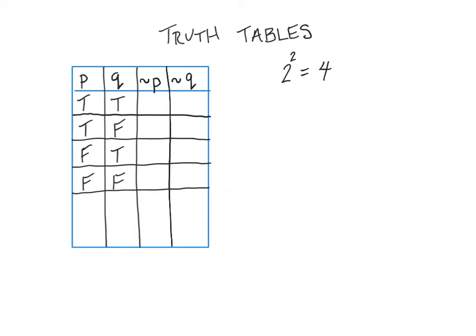So if I'm filling in my not P column, I'm simply going to look at my P column and do the exact opposite. So not P for the first scenario would be false. Not P for the second scenario would also be false. And then not P for the last 2 would be true. We will use the same technique for not Q. When Q is true, not Q is going to be false. And when Q is false, not Q is going to be true.